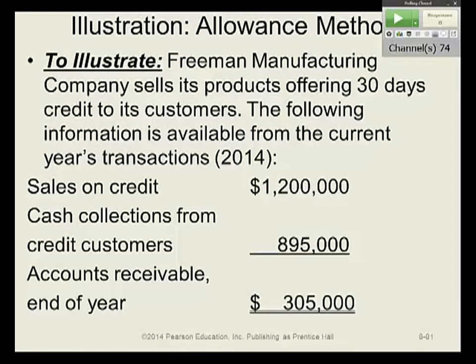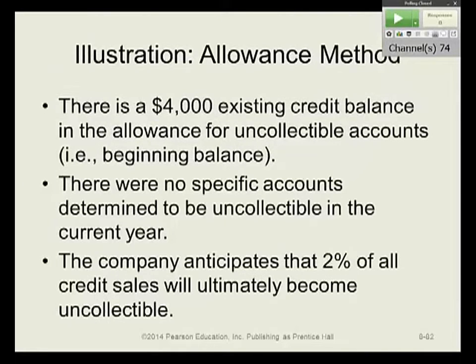And they tell us that in the allowance account there is an existing credit balance. So let's assume there's a beginning balance in there of $4,000.